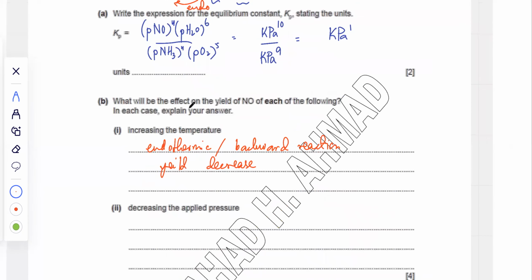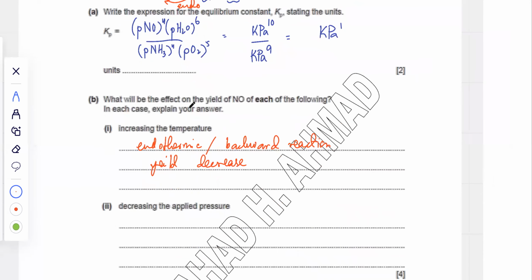And the next part is what would happen if you decrease the applied pressure. So when you decrease pressure, more gas or less gas? Which side is favored? More gas side. Okay, so it's going to shift to the side which has more gas moles.